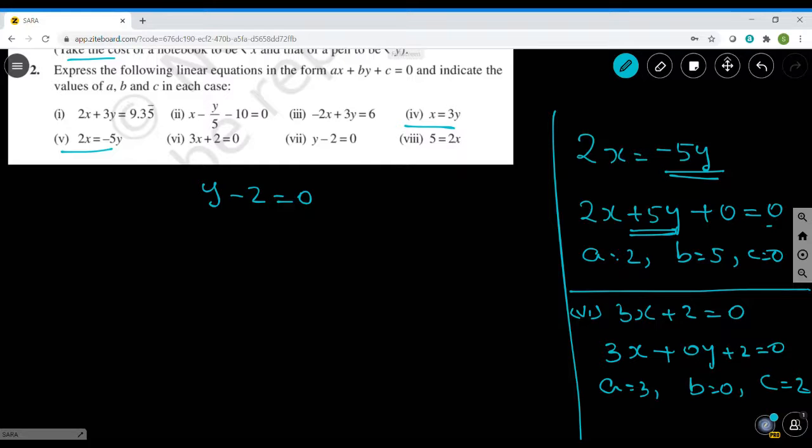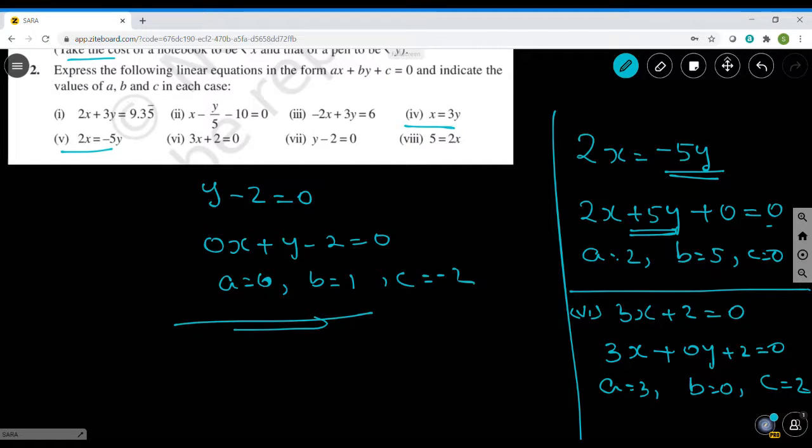We can write 0x plus y minus 2 equal to 0. That means now a is equal to 0, b is equal to 1 and c is equal to minus 2. Over, seventh problem.